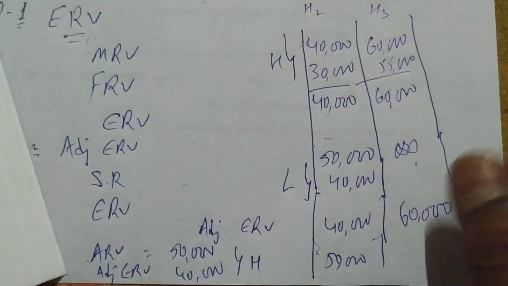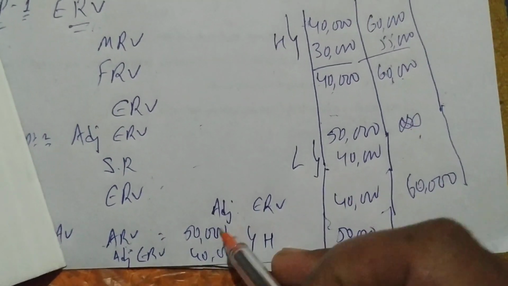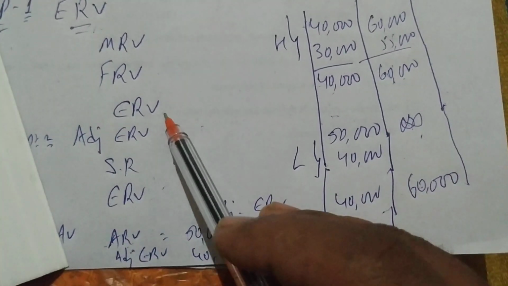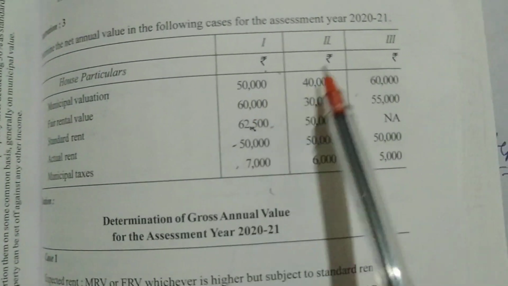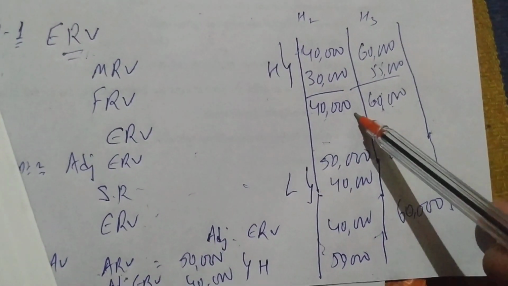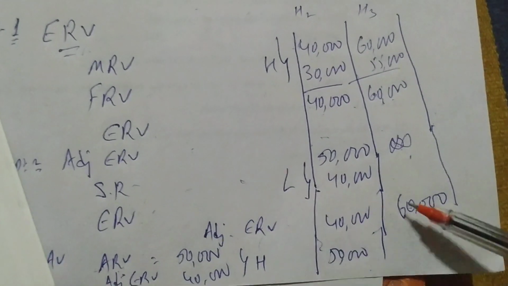Whenever in the problem standard rent is not given, in that case ERV equals adjusted ERV. I repeat, see here, for house 3 standard rent is not given. So in that case expected rental value will be equal to adjusted expected rental value, 60,000.